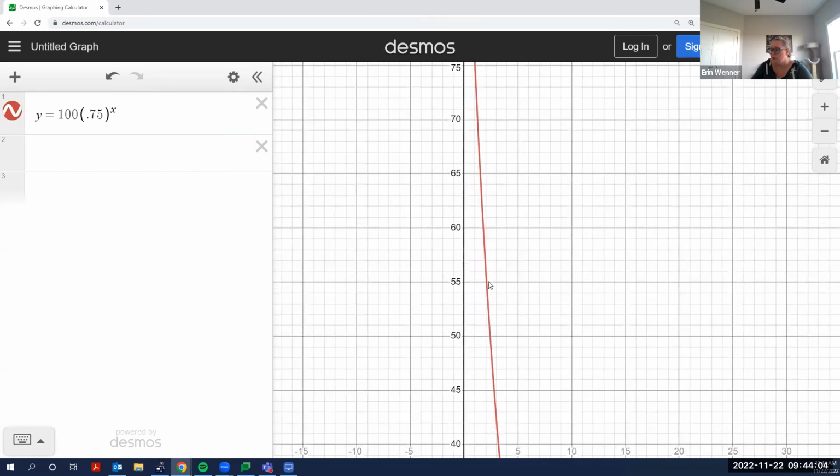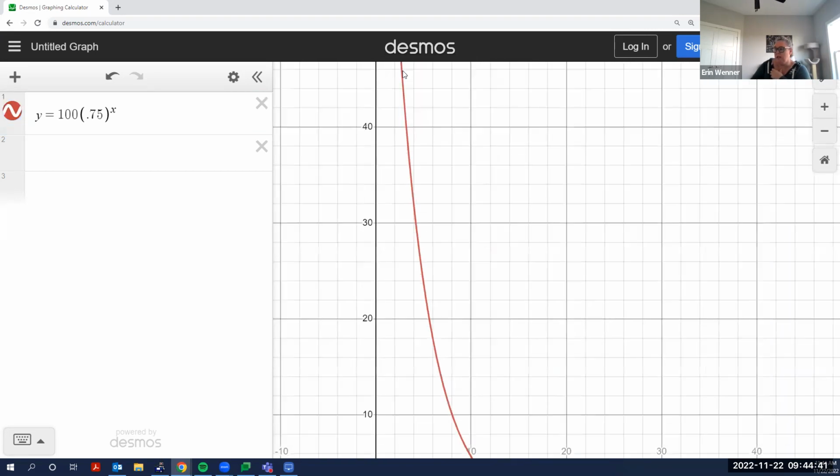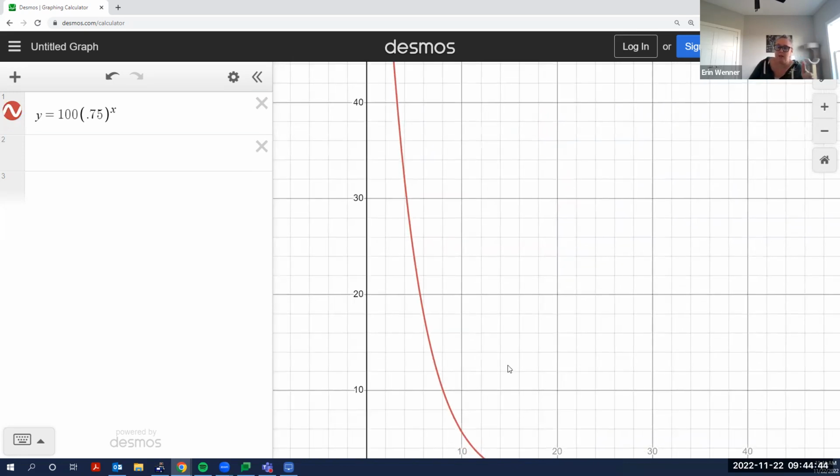On day 2, 56.25, right there. Day 3, I don't know if I'm going to get it exact because this is approximating for us, but we can see it's right around that 42.19 amount, 42.188.